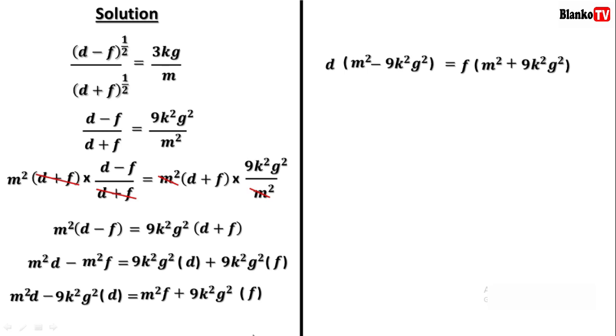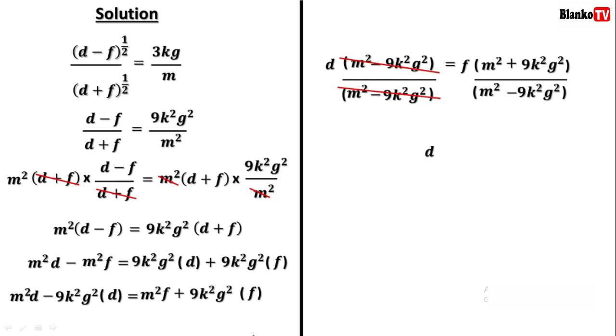Okay, so we divide the left hand side by m squared minus 9k squared g squared, then we divide the right hand side by m squared minus 9k squared g squared. So m squared minus 9k squared g squared cancels out on the left hand side.